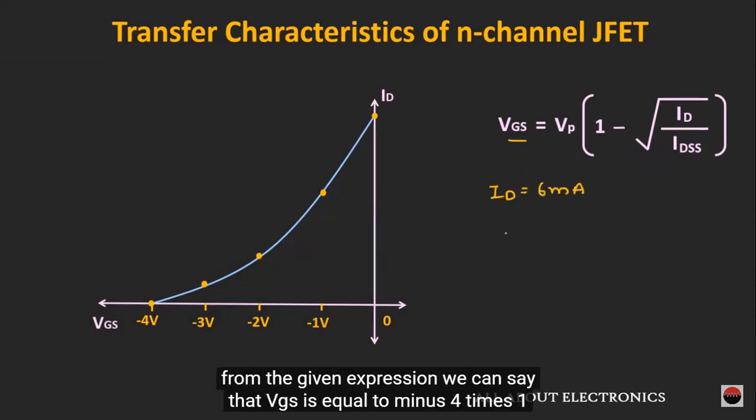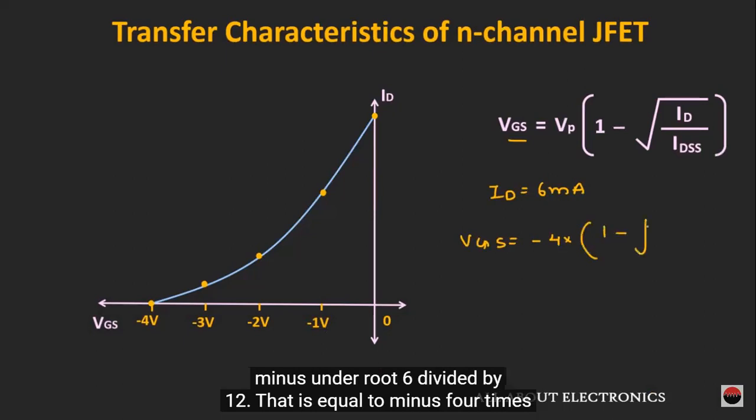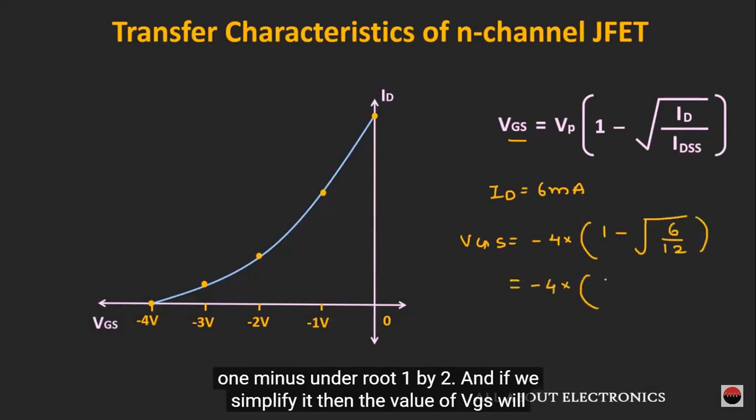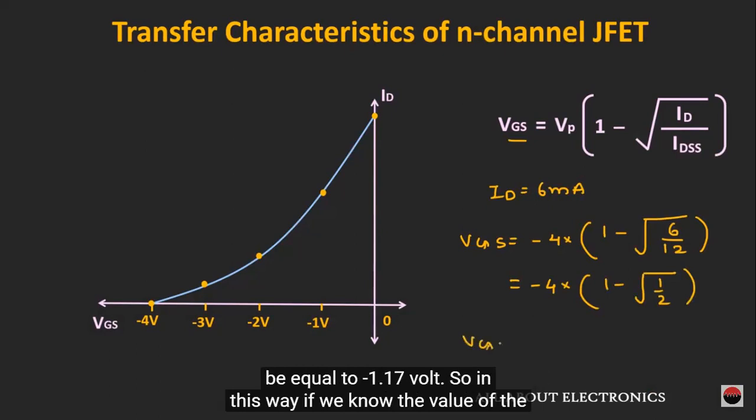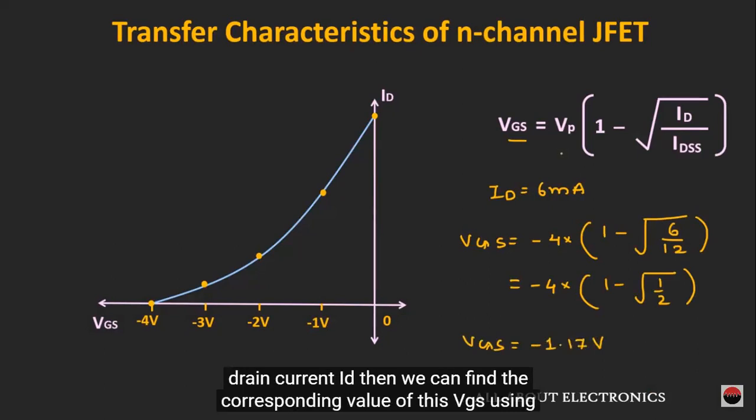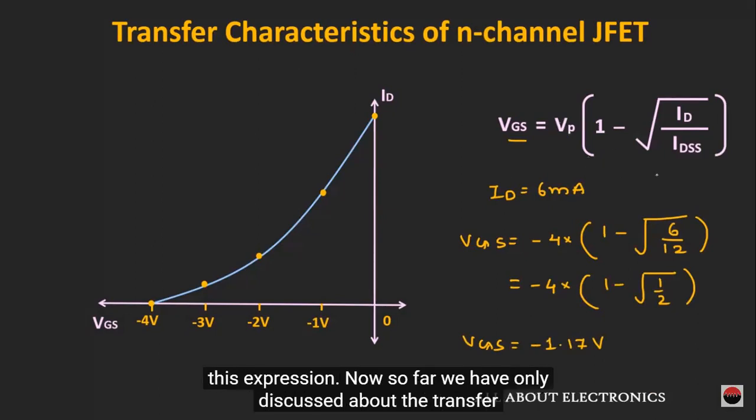So from the given expression, we can say that VGS is equal to minus 4 times (1 minus under root 6 divided by 12). That is equal to minus 4 times (1 minus under root 1 by 2). And if we simplify it, then the value of VGS will be equal to minus 1.17 volt. So in this way, if we know the value of the drain current ID, then we can find the corresponding value of VGS using this expression.